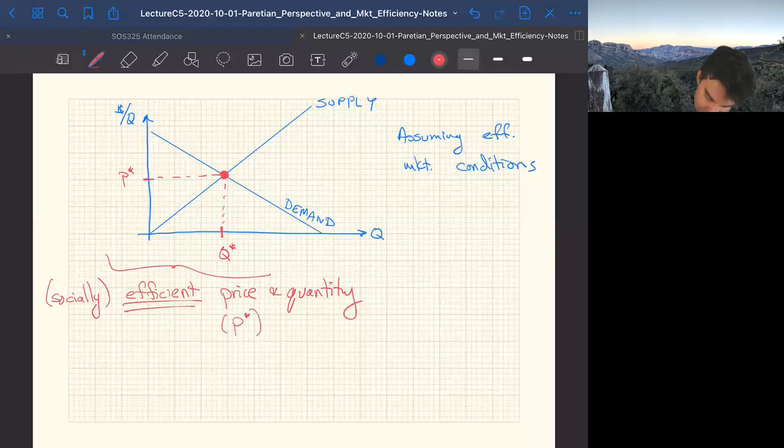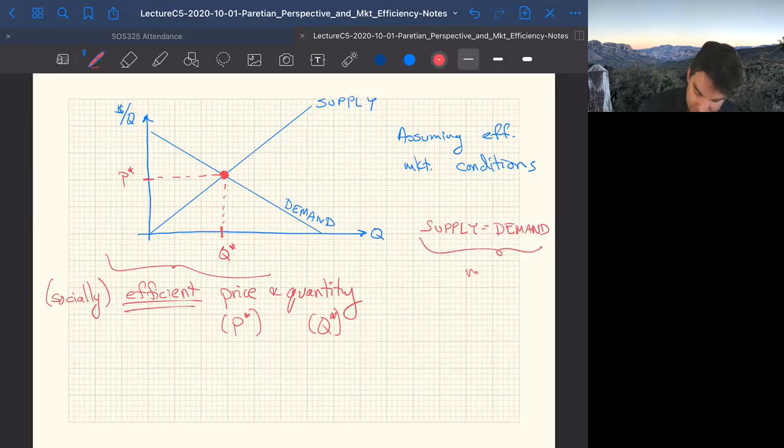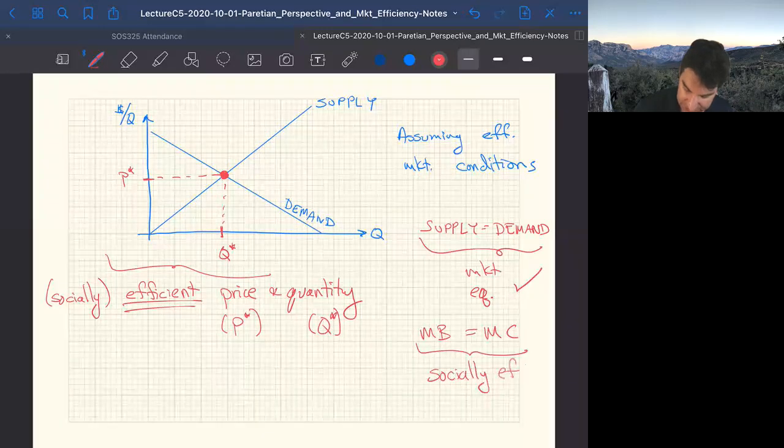I've denoted them as P star and Q star. The fact that supply is equal to demand means that we have reached a market equilibrium. And the fact that marginal benefit is equal to marginal cost means that we have reached a socially efficient outcome.